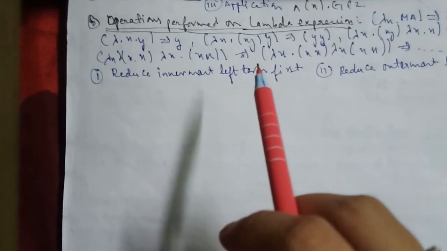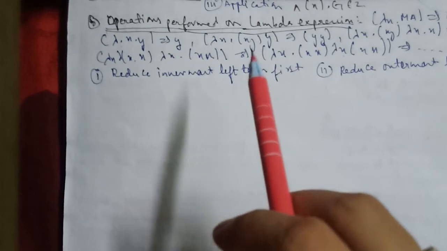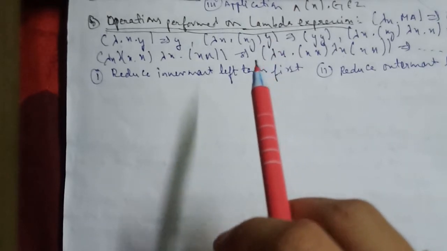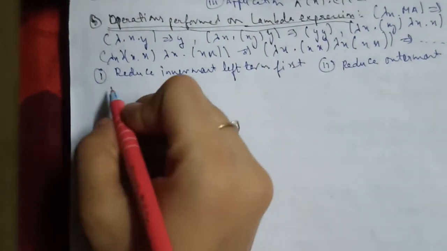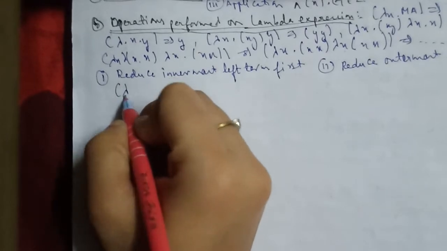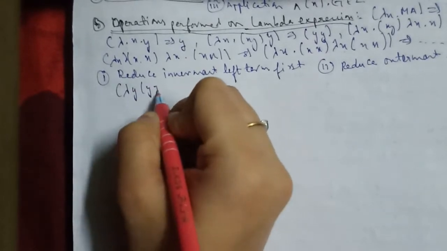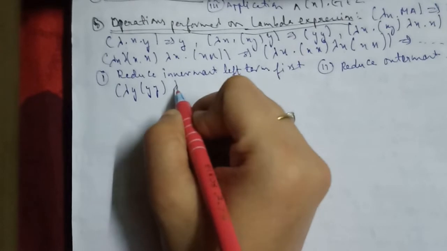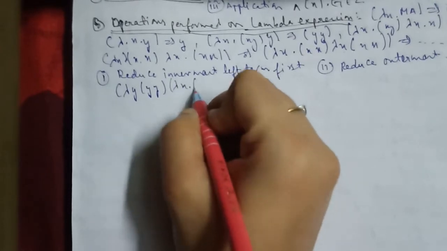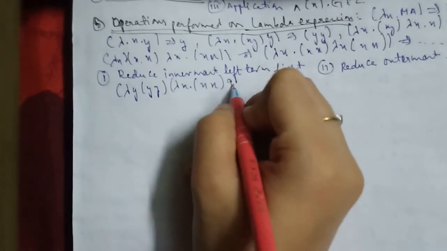In the same cases, for the outermost reduction first and the innermost reduction first, we'll take an example: lambda y dot y applied to lambda x dot x x applied to a.